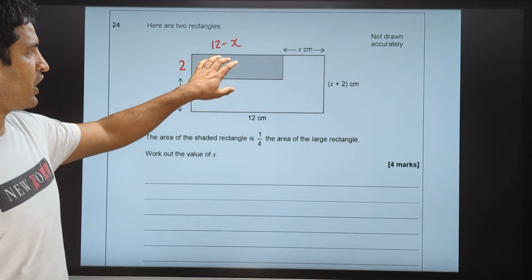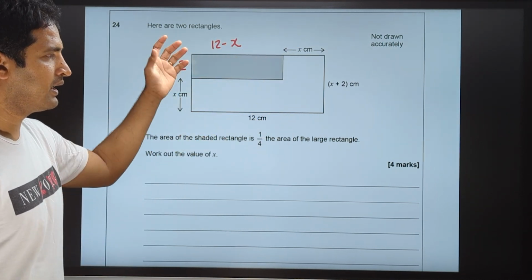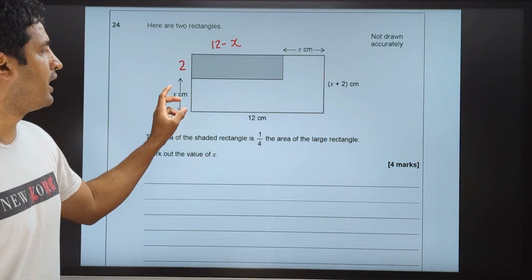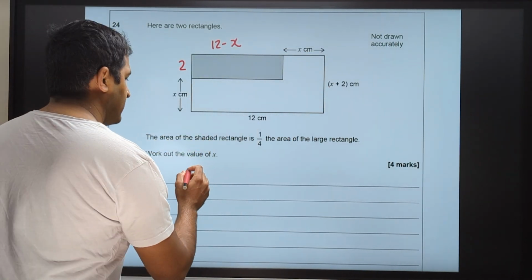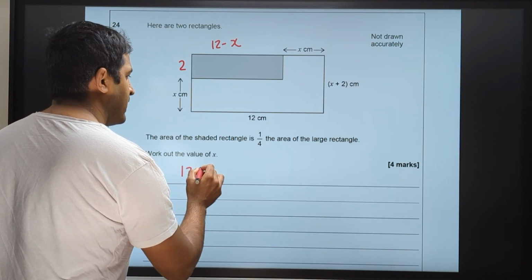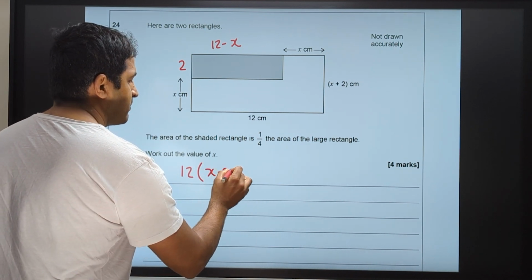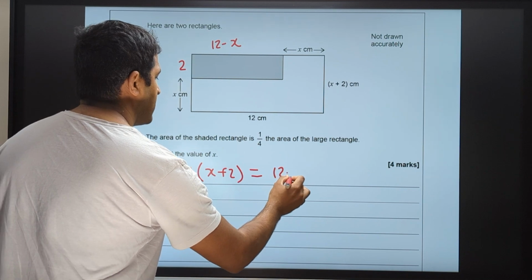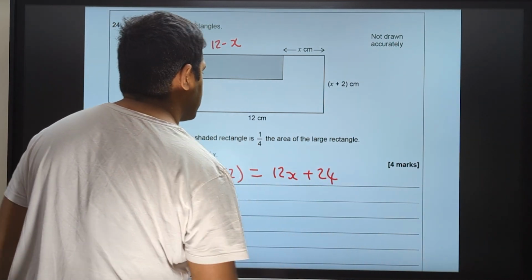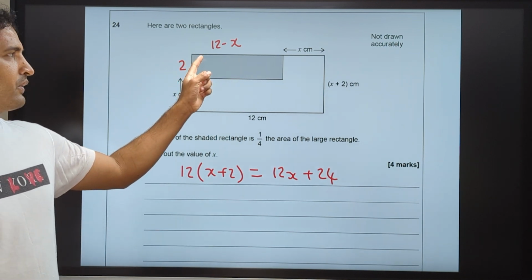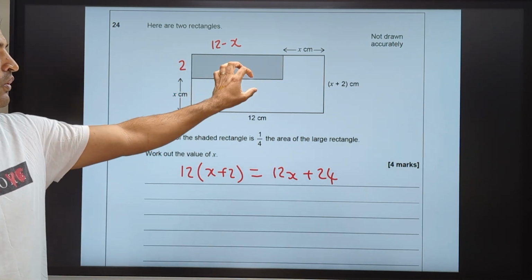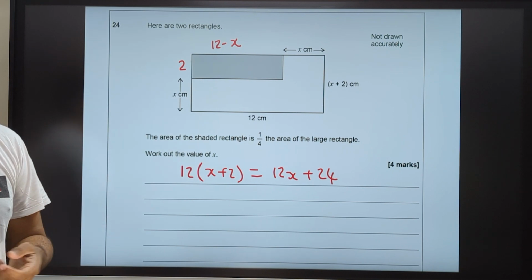What we know is the shaded part is 1/4 of this entire thing, so we can get the equation here. The area of the large rectangle is 12 times x plus 2, which gives me 12x plus 24. That's the area of the big rectangle. Now we need to work out the area of this small rectangle. If you did that, you would have got 1 mark as well.